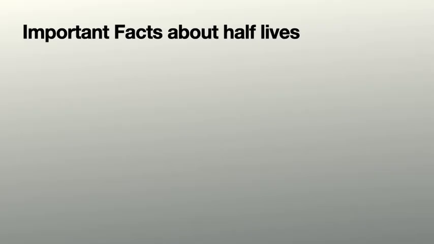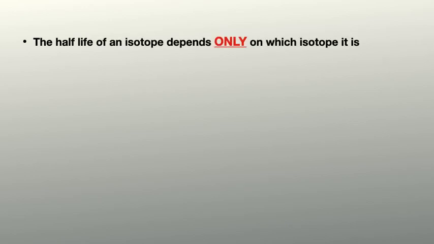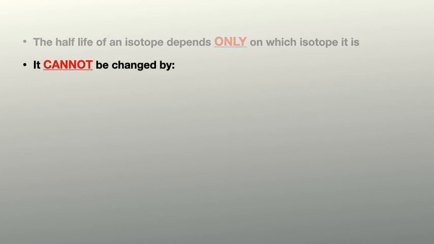Okay, important things about half-lives. First off, the half-life depends only on which isotope it is. So we've talked about 2 isotopes so far in this video. The protactinium-228 half-life of 22 hours. Nothing can change that. You cannot change the half-life of an isotope.